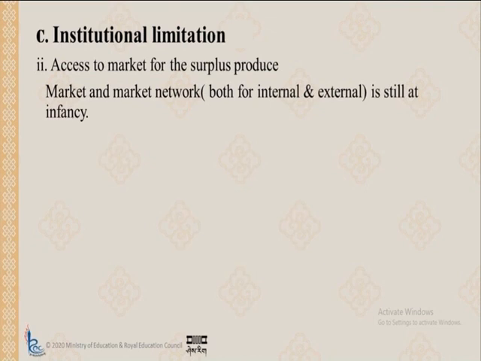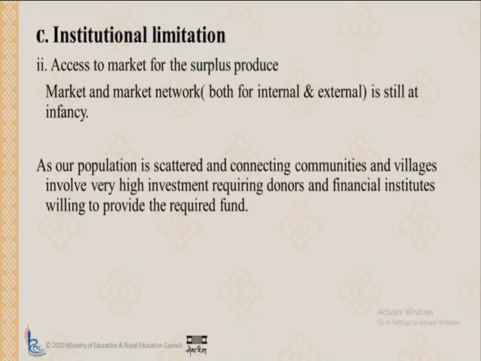So, even if the farmers have surplus production, since there are no market facilities nearby or no farm routes in their villages at times, they are unable to sell their surplus produce. As the population is scattered, connecting communities and villages involves very high investment, requiring donors and financial institutes willing to provide the required funds.